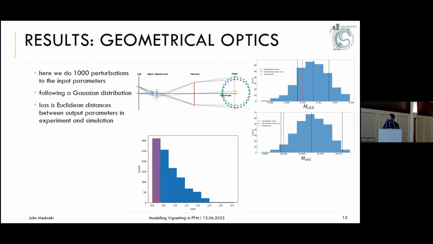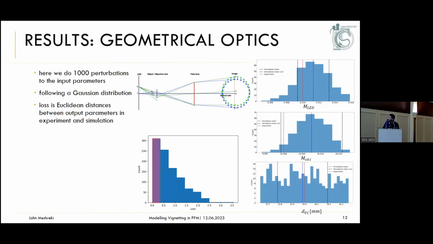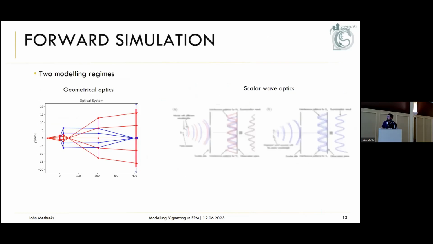Same for the object magnification. But what's interesting is that for the diameter of the vignetting circle we have agreement, still it looks pretty flat. So we don't really know what's going on. So we have to look closer.